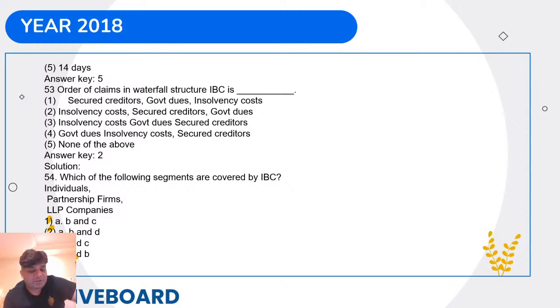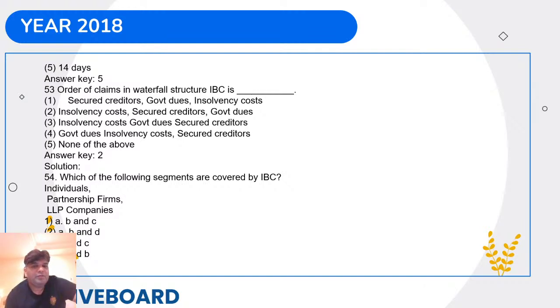Then secured creditors, creditors meaning the loan, the banks or the financial intermediaries which may have given the loan would want to recover a part of it or a portion of it. So secured creditors, and then the government dues. If at all there is some money left, then the government shall also be paid. So this is the order of claims in the waterfall structure of IBC. Okay. First priority is for the insolvency costs, then secured creditors, which are nothing but your financial intermediaries, and of course after that government dues in the form of any subsidy or any kind of government assistance which may have been forwarded to the firm initially.